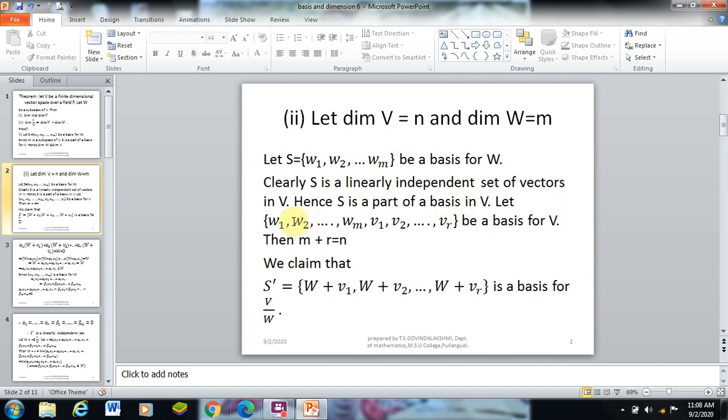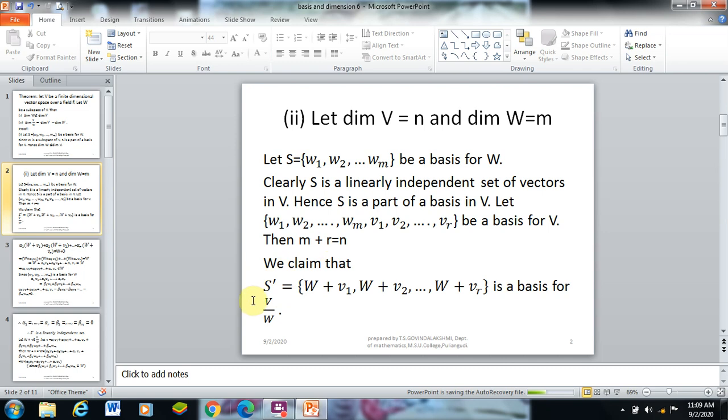Let {v1 to vr and w1 to wm} be the basis for V. Then m plus r, here m vectors and r vectors, so m plus r elements equal n.